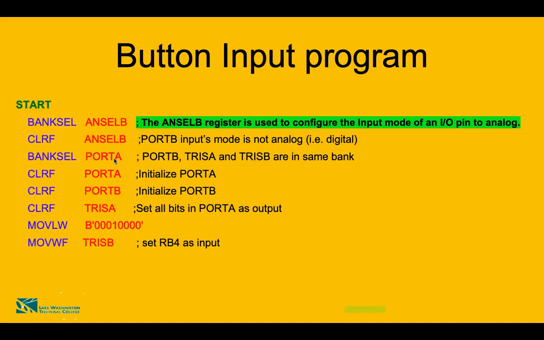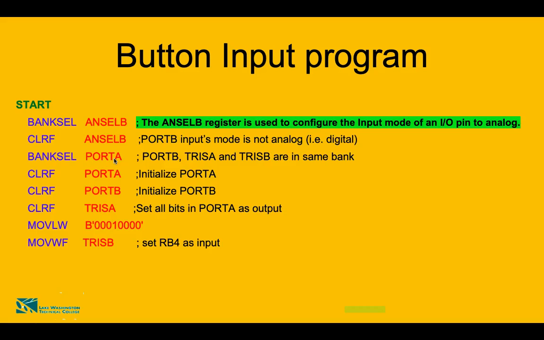Bank select PORTA, and then CLRF PORTA to initialize port A, CLRF PORTB. Port B lies in the same bank, so you can write it in this way. You don't have to select it multiple times. So CLRF PORTB, and then CLRF TRISA, which means making all the bits of port A as output.